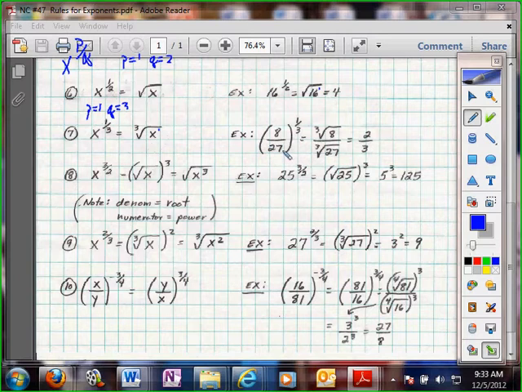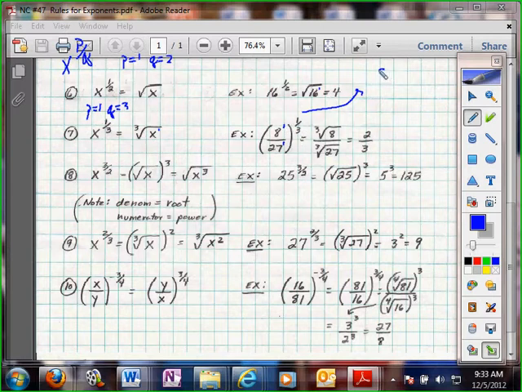Here's an example. Earlier we talked about when you have a power outside the set of parentheses with multiplication. I also mentioned division. We have division going on here. The rule applies the same way. I skipped a step here. Let me put an intermediate step in here. This actually becomes the power of 8 is 1, the power of 27 is 1. So I have to multiply the 1/3 power out here to each power inside.